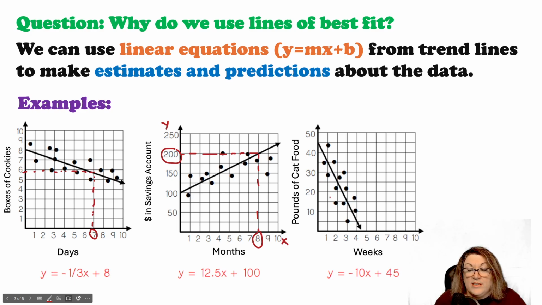And so you could say, well, how many weeks would it take for you to have 20 pounds of cat food left over, right? So you would go to the 20, you would follow it across, and you would end up between the 2 and the 3 here. And that's going to be 2.5 weeks roughly. So again, we're estimating.